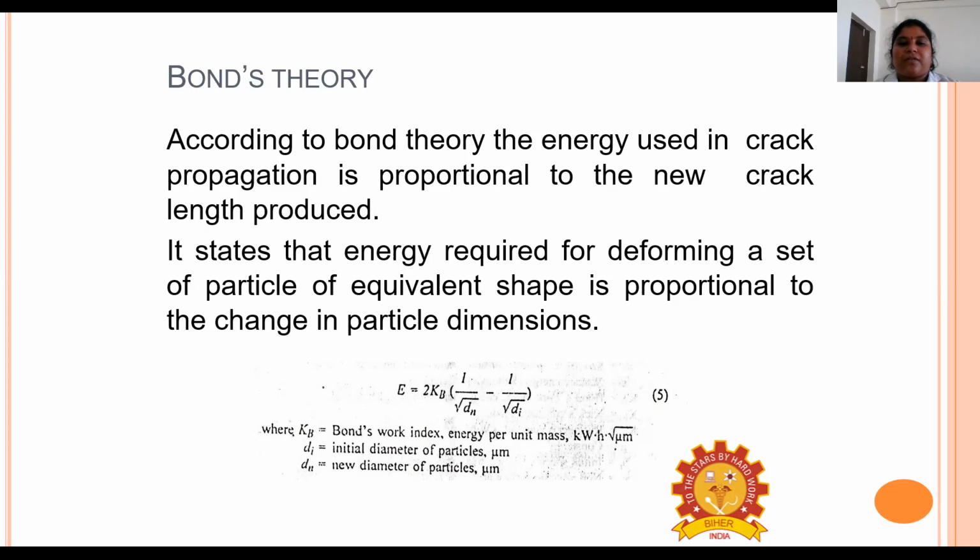So E is equal to 2 Kb times the bracket of 1 by root of Dn minus 1 by root of Di. E is the energy, Kb is Bond's constant, d is the diameter of the particle, n is the new diameter, and i is the initial diameter.